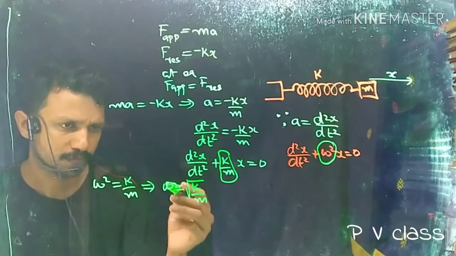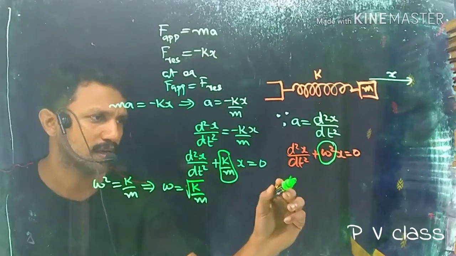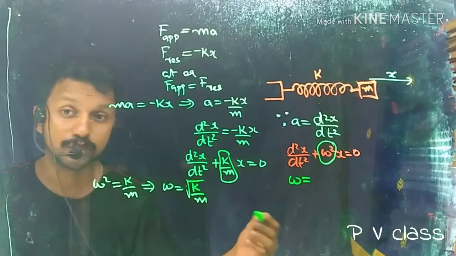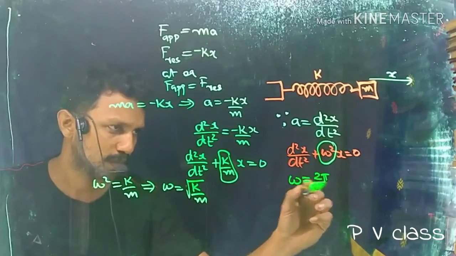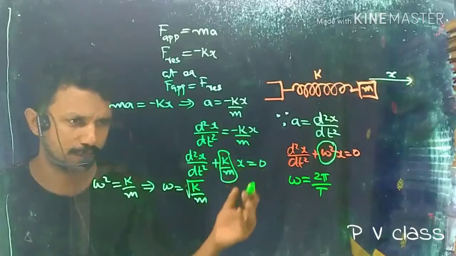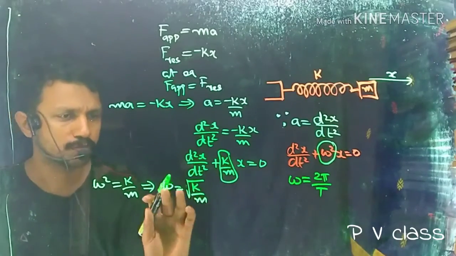What's omega? Omega is angular velocity. Angular velocity has a relation with time period. Angular velocity is 2 pi by T, where T is the time period of the spring that we have to determine. Therefore, I am substituting omega is equal to 2 pi by T into this equation.